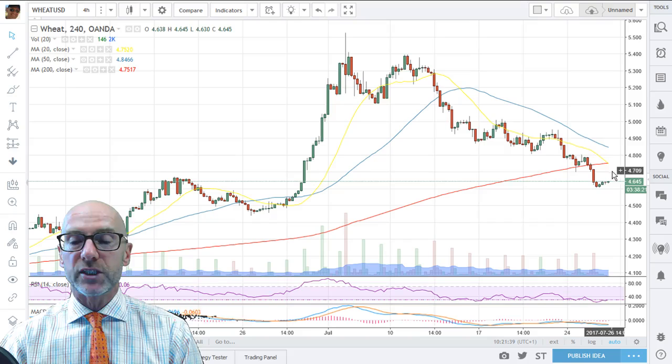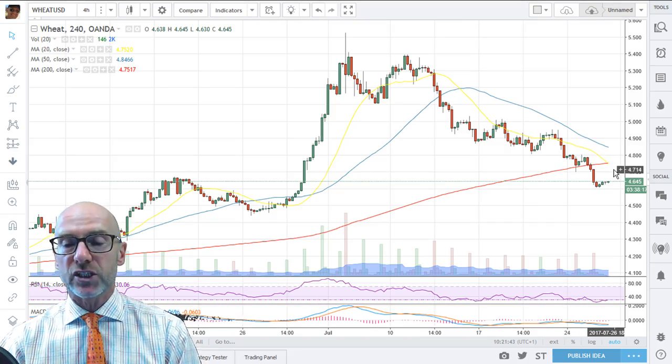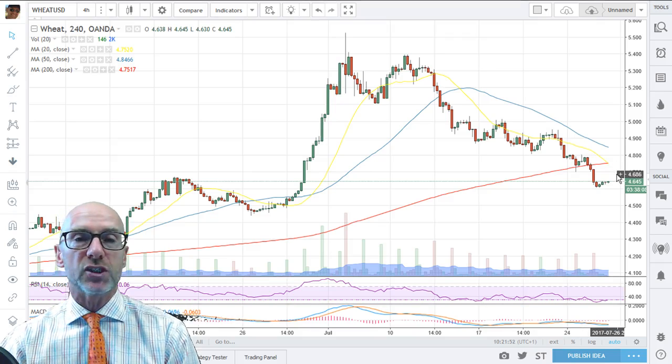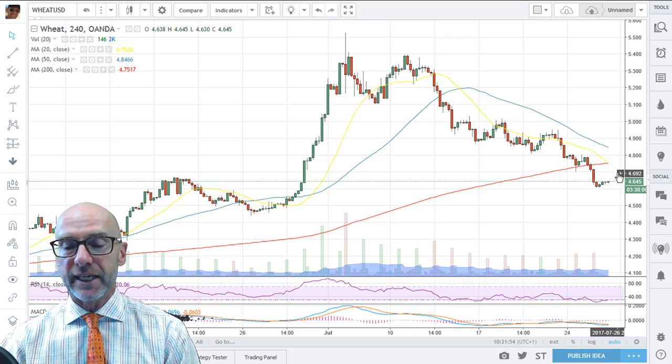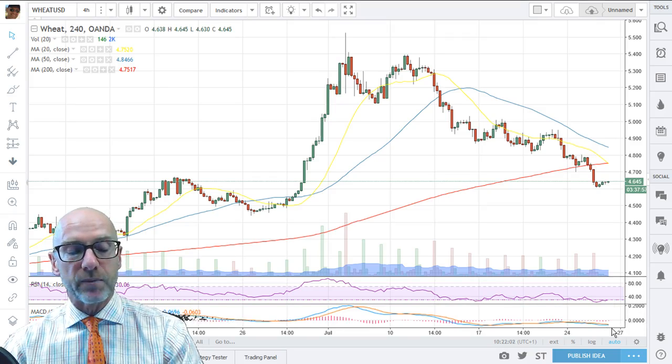We've got the 20 just about to move below the 200, but the 200 is actually still moving up, so it's not a big bearish influence, but remember, this 20 days bearing down the market, and when it catches up will be a negative on the market. Momentum, as I said, is negative, and that's shown by both the RSI and the MACD.